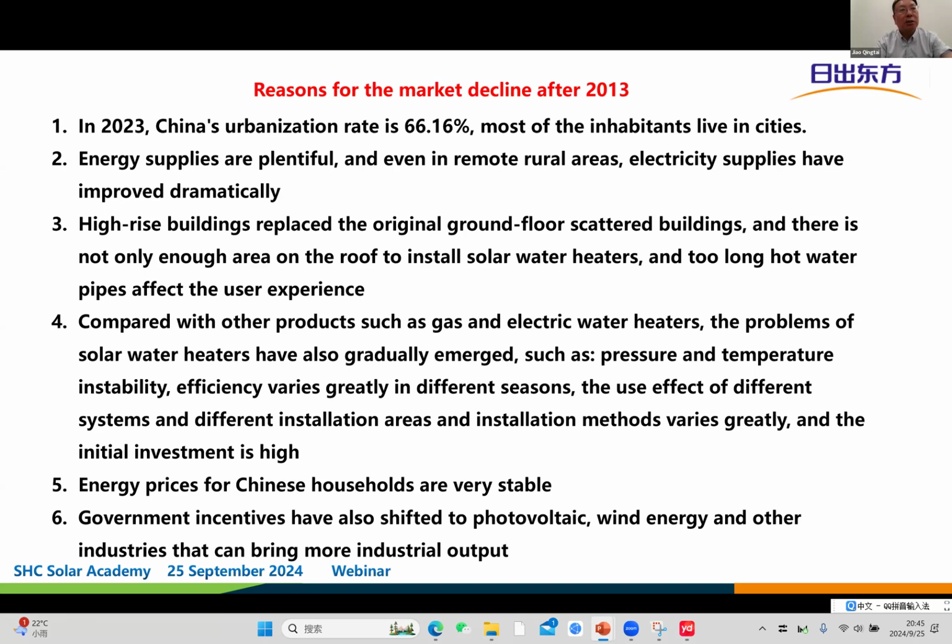Another very important reason is that the energy price for Chinese householders is very stable. For example, the electricity price is now nearly the same as 30 years ago. That means 30 years ago, when people purchased a solar water heater, you could tell them, okay, in 1 year the solar water heater can save 400 to 500 RMB per year.